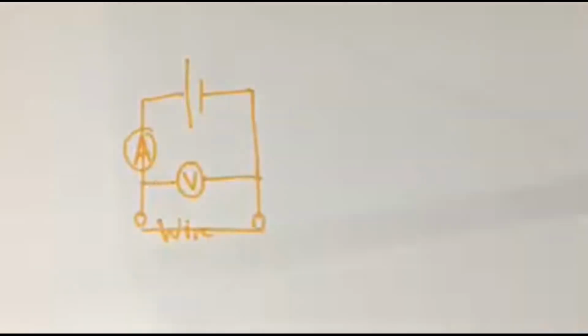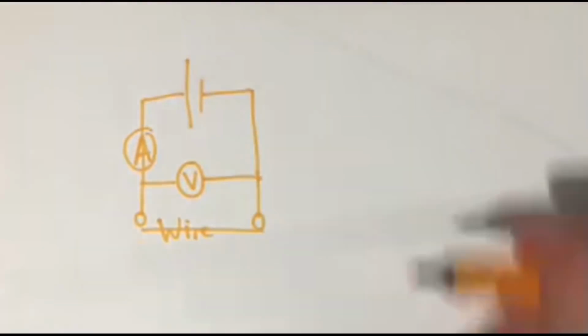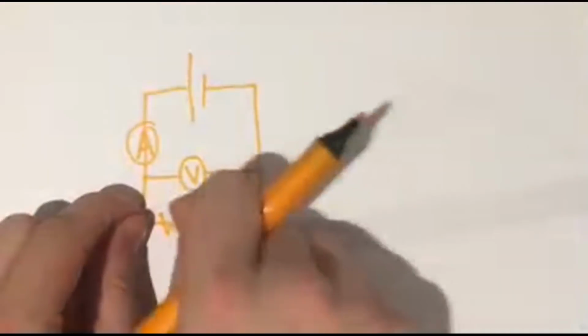The ammeter goes in the loop, remember, because the ammeter always goes in series. The voltmeter always goes in parallel, so here you can see it's got its own loop around this. That's a circuit diagram for the length of wire slash width, because you can change where you put it on the wire, or you can change the width of the wire.